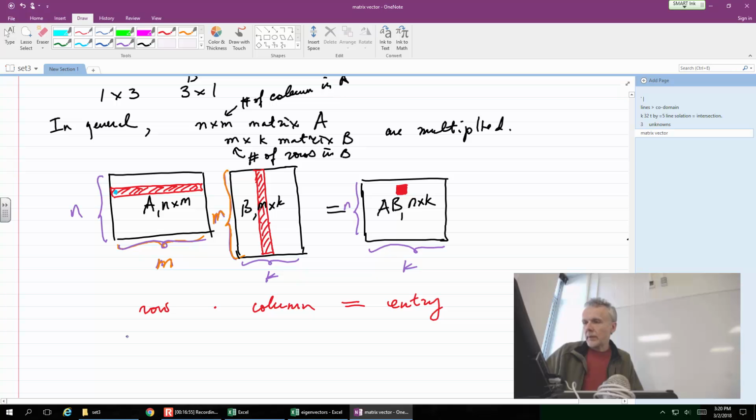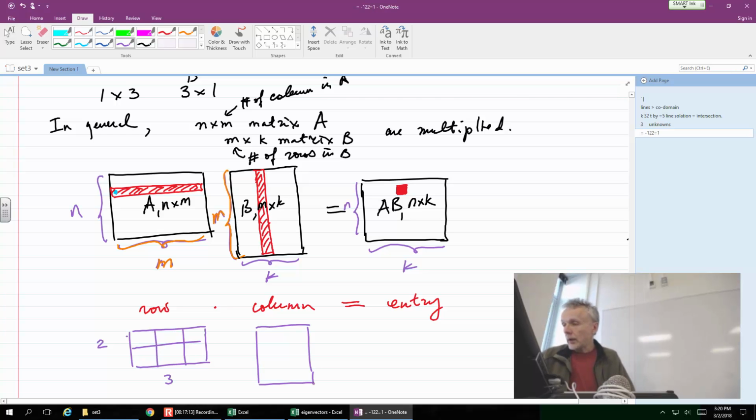Just some made-up numbers. 2 by 3, multiplied by, and this one has to match, so it has to have 3. To make that point, I'll make it 3 by 3. It has to have 3 rows, but the number of columns is arbitrary.